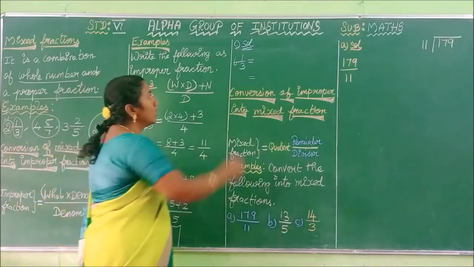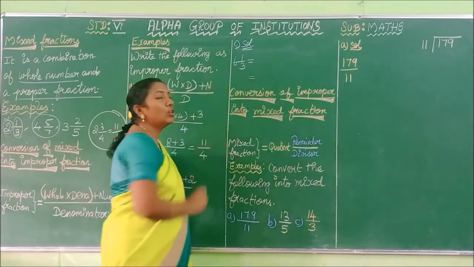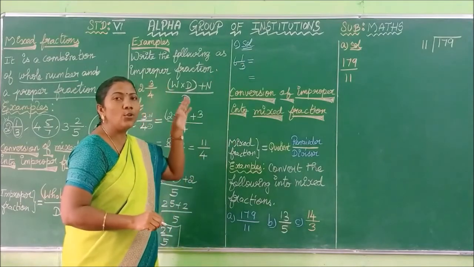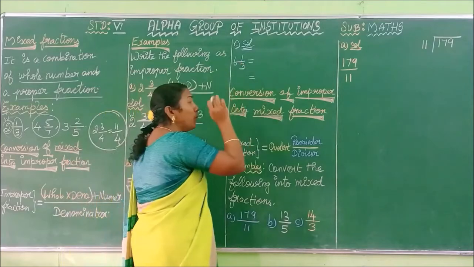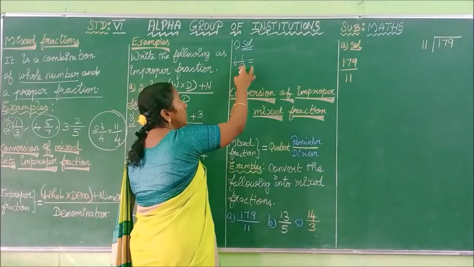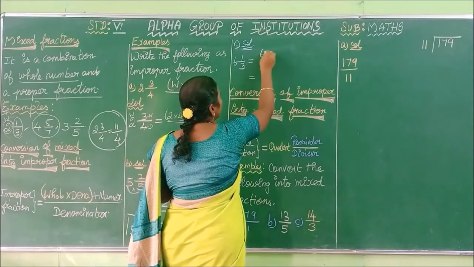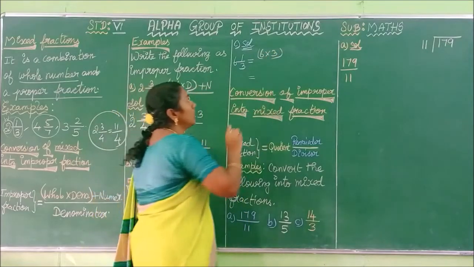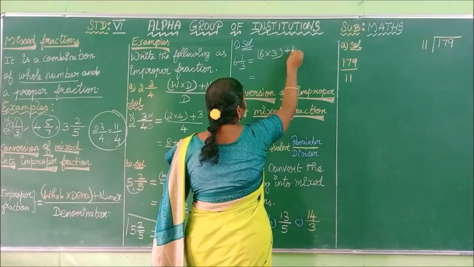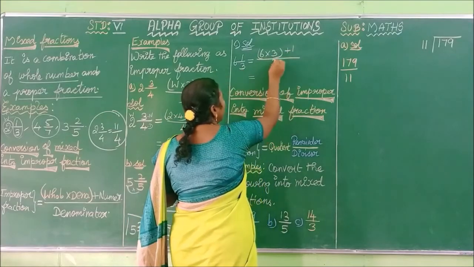See the next sum, 6 1 by 3. So, to convert the mixed into improper fraction, you have to multiply the whole part with denominator. So 6 into 3. And then you have to add the numerator. What is the numerator? 1. So plus 1. And write the denominator 3 as it is.